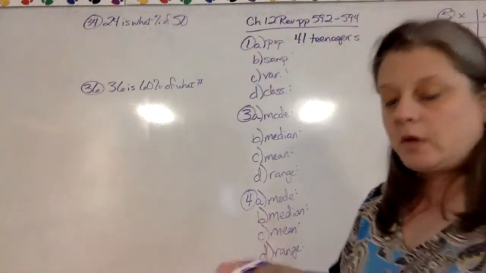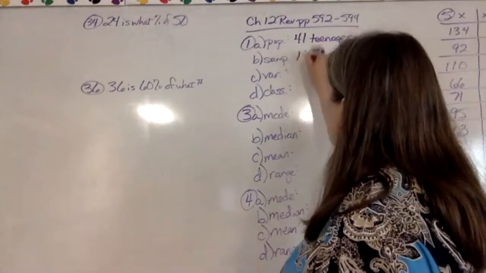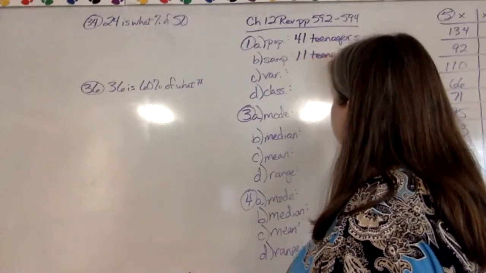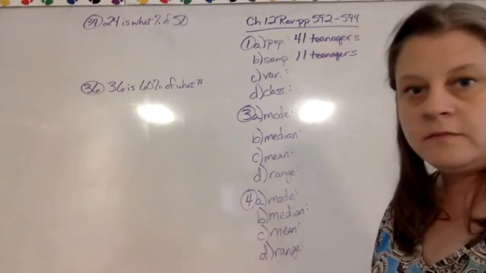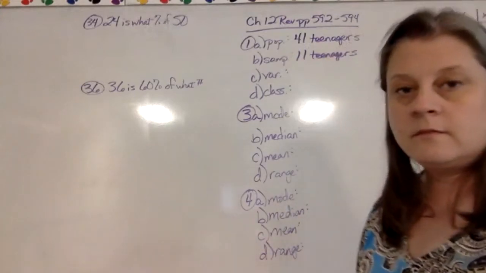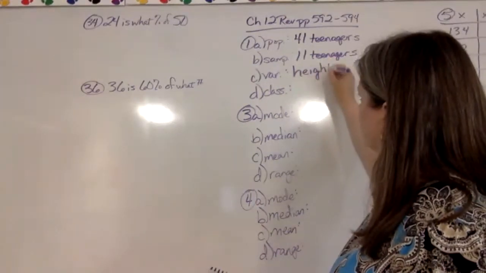The sample are the ones that she actually measured, which is 11 of the teenagers. Okay. What was it that she measured? Heights. So the variable she was looking at was their heights.